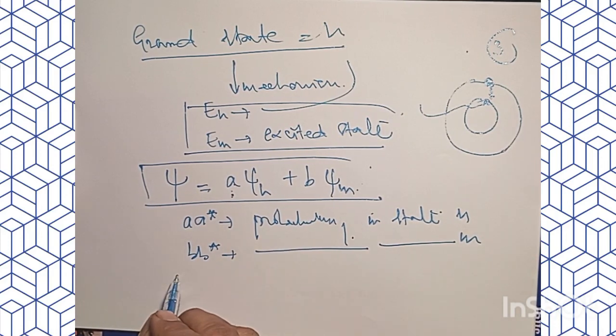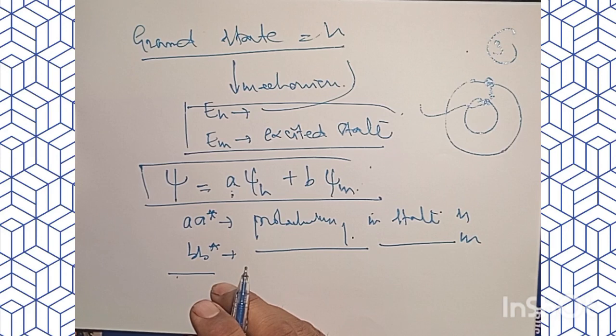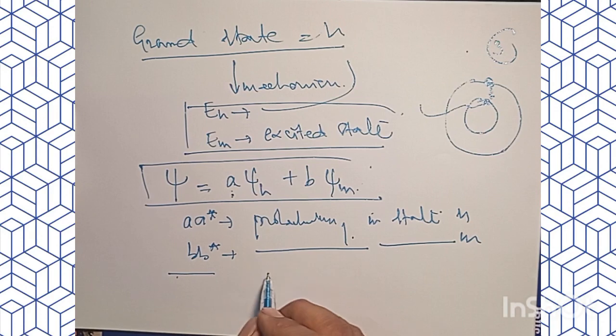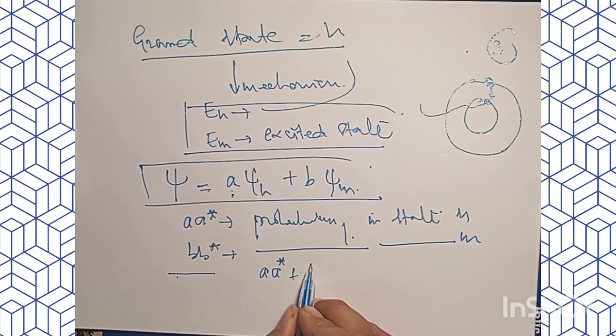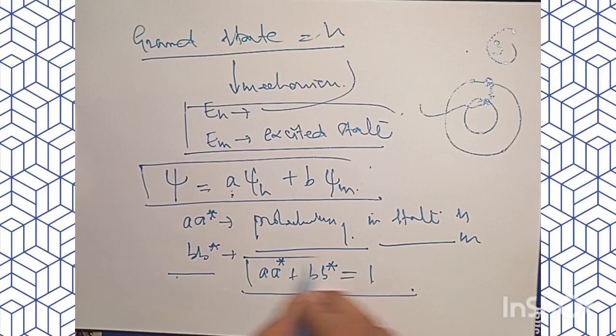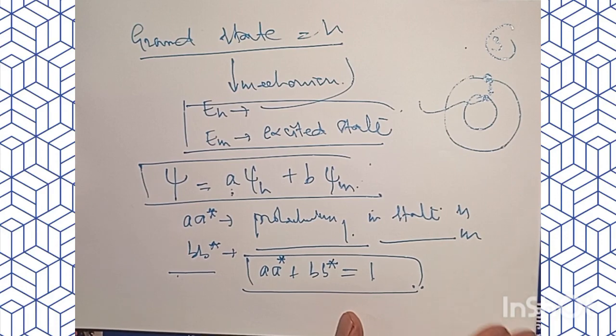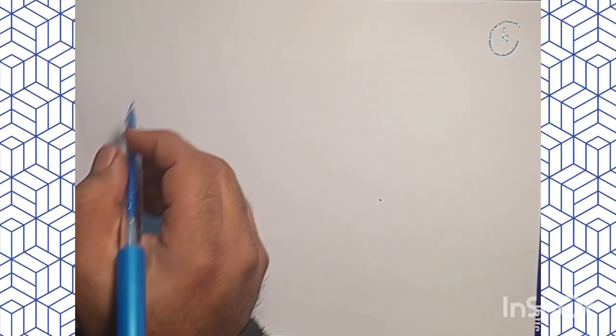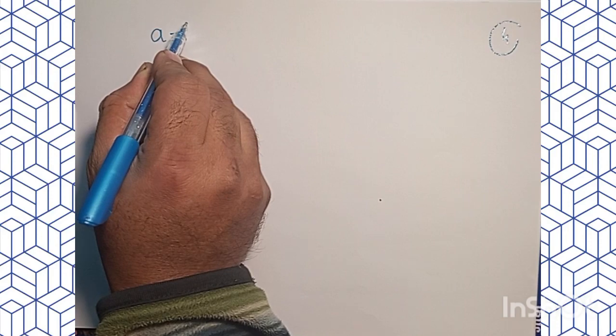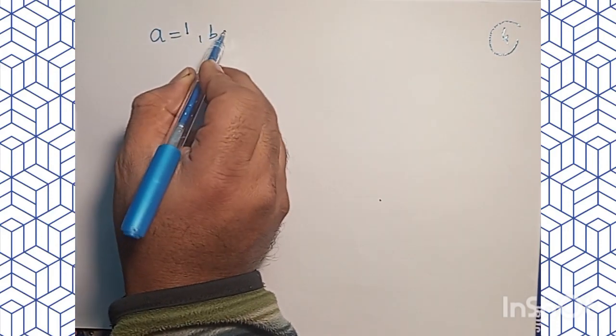And to take it in a very trivial sense, the probability of being in this state plus the probability of being in this state should always be equal to 1. That should be the case. Now, if I assume that A is equal to 1, then B should be equal to 0.